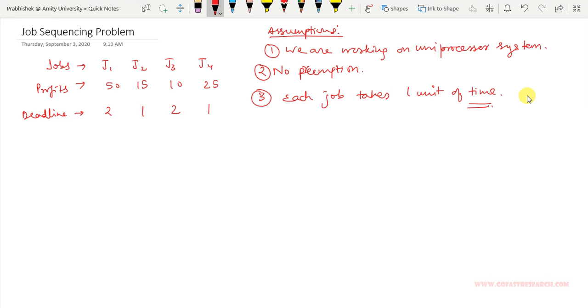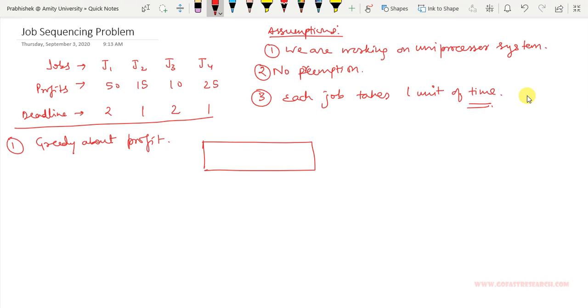Okay, so let's say this problem has been given to some person, so how is he going to solve it? Let's say he is greedy about profit.